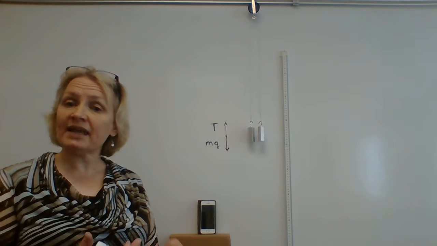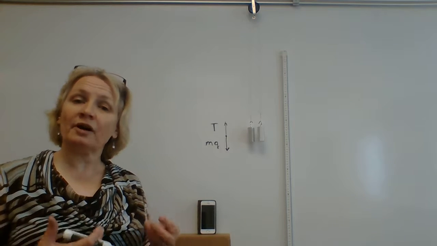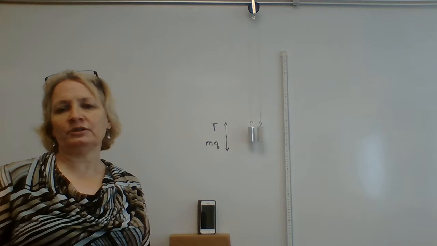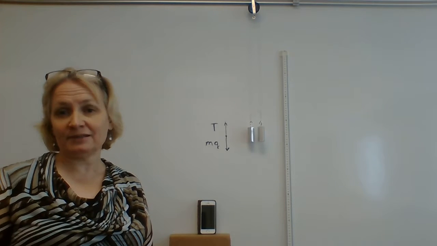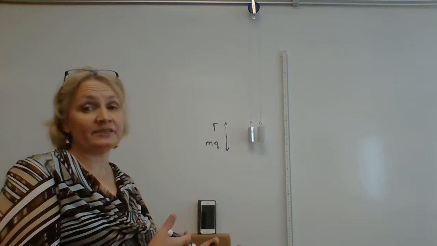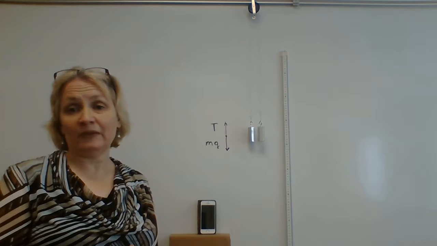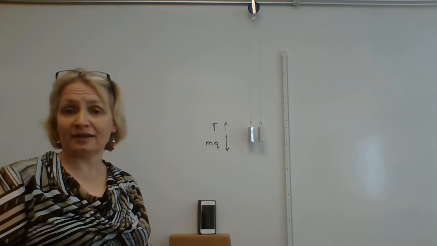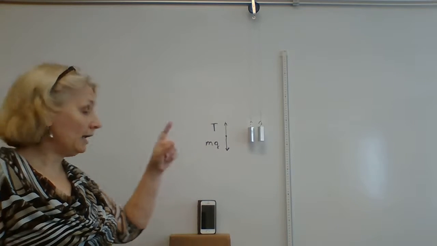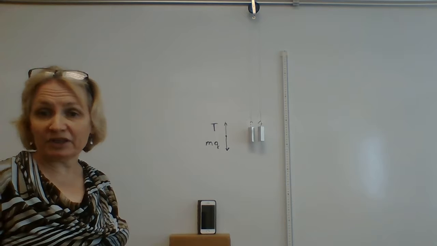It will be the same relationship if the object is moving with constant velocity. How would we know that the object is moving with constant velocity? It will cover equal distances over equal intervals of time, and we can always check that. For that, we will need a ruler and a clock or time measuring device.